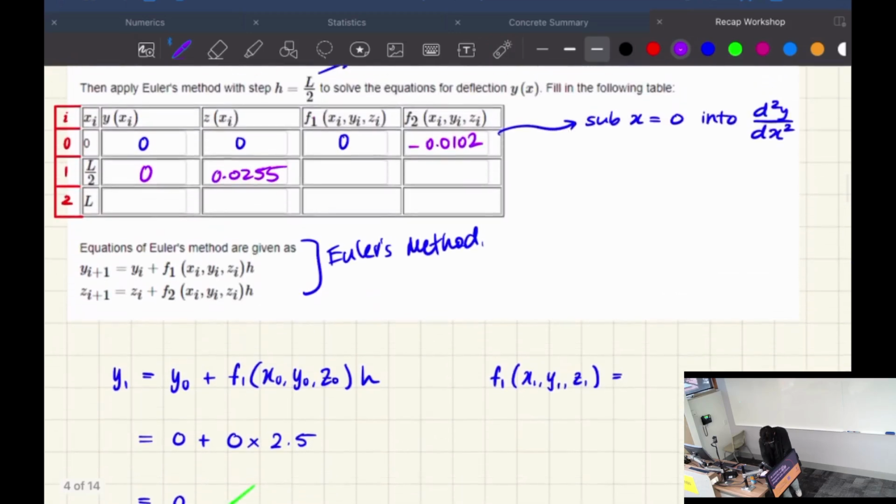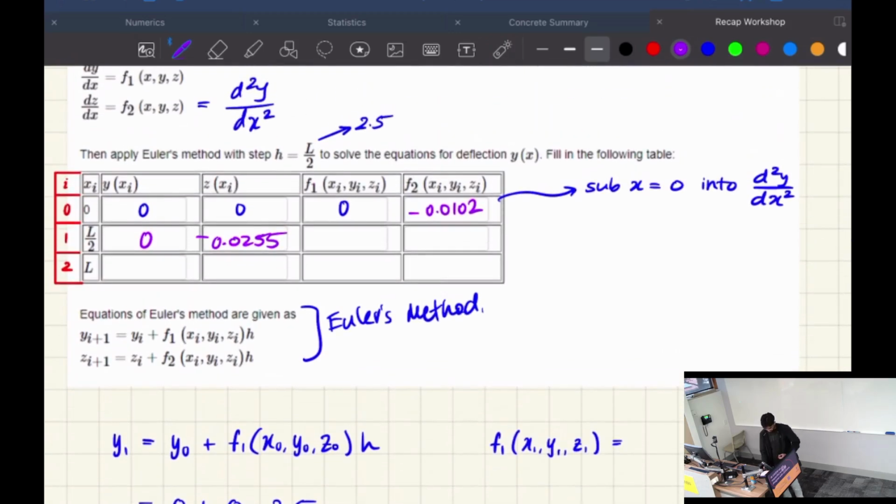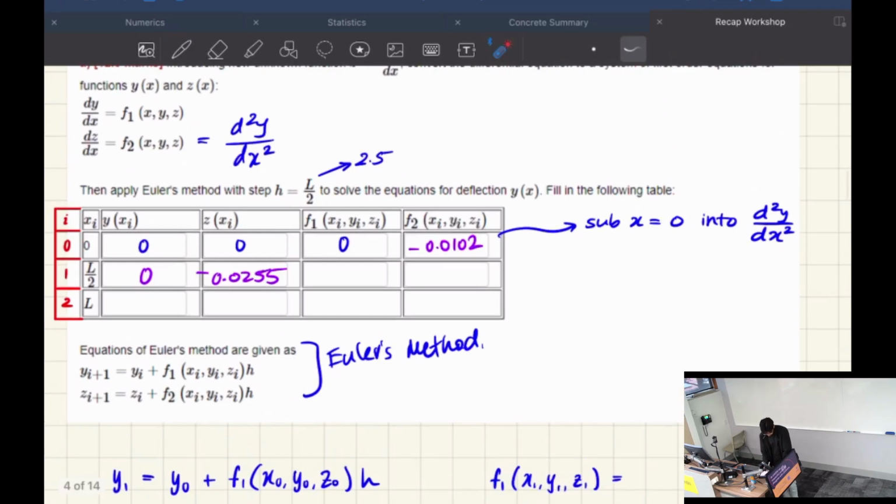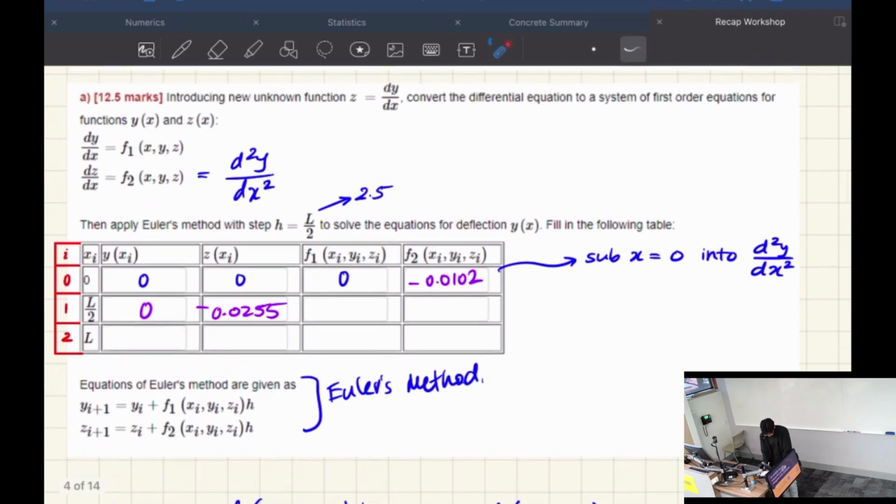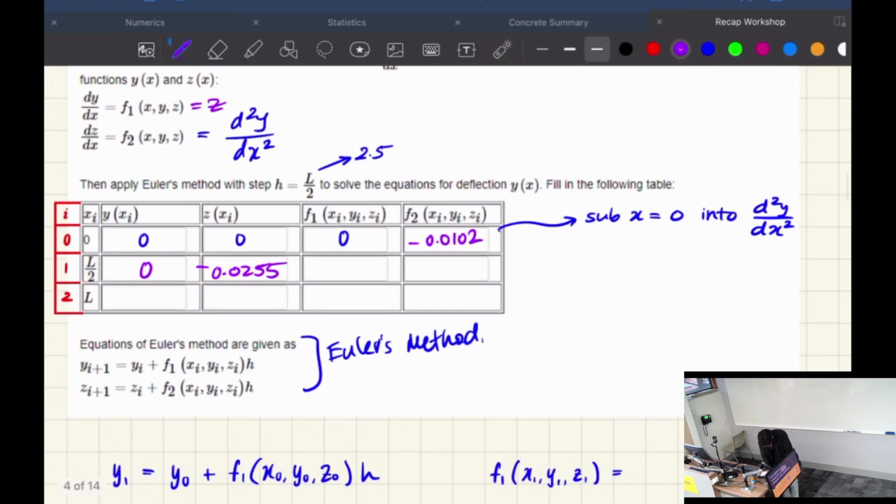Negative. Okay. How about F1? What did we determine earlier? It's just Z, right? Okay. So this one over here is equal to Z. So it should be the exact same answer.